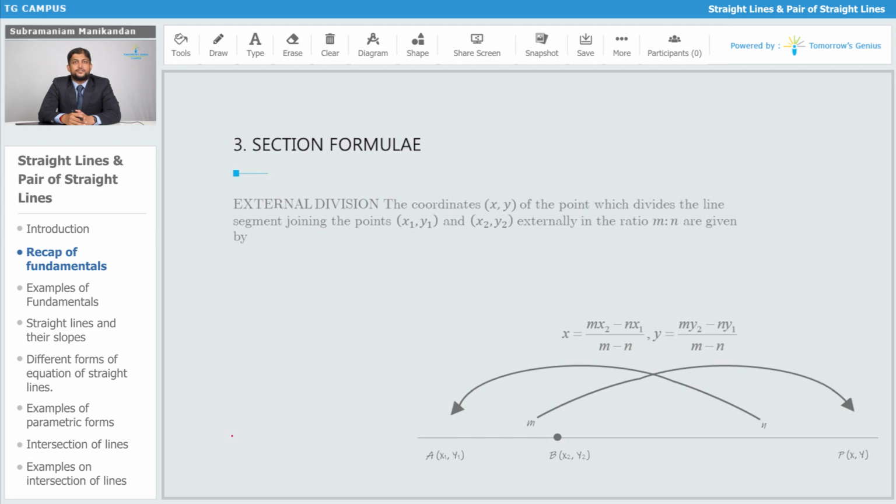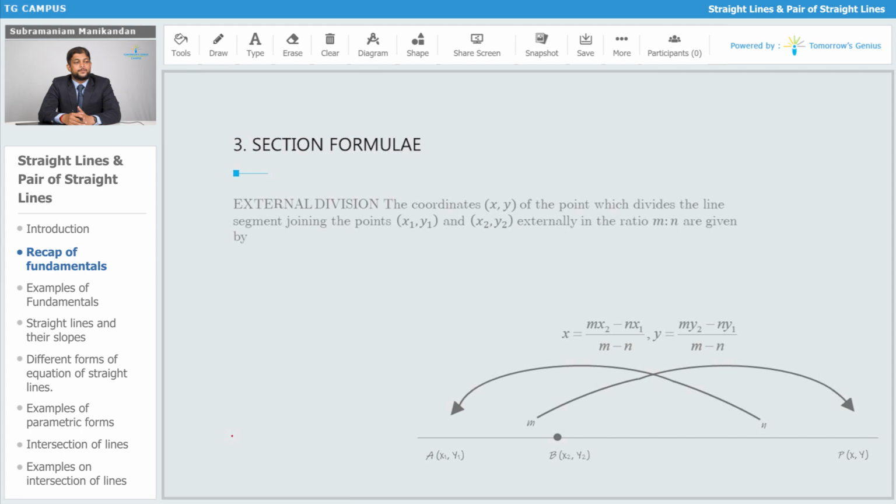Next, section formula for external division. If the dividing point P lies outside the line segment AB, then the section formula is given by x is equal to (m into x2 minus n into x1) divided by (m minus n). Y is equal to (m into y2 minus n into y1) divided by (m minus n).